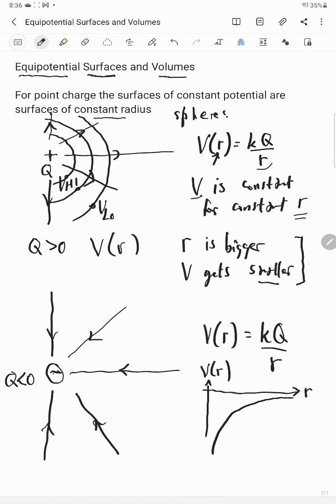So as you consider bigger and bigger R's, this is a bigger value of distance from the charge than here. Can you see that at bigger R, I am actually larger in potential than at smaller R, right? This is the high value and this is the low value, right?